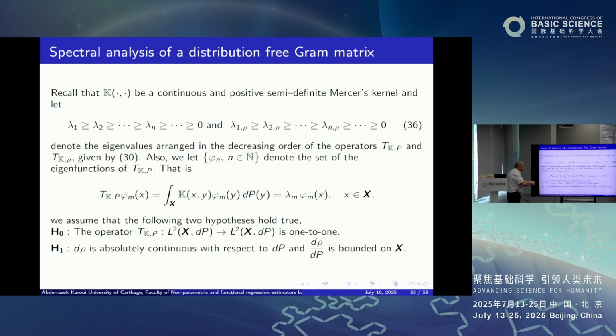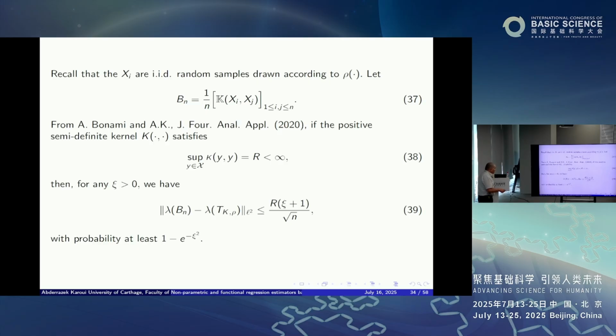And what's interesting is that if we assume that the first operator is one-to-one and the unknown probability measure is continuous with respect to the usual probability measure, and by a result with Bonami, we know that the spectrum of the Gram matrix is close to the spectrum of the integral operator, and we estimate the error. This result was published in 2020 in the Journal of Fourier Analysis and Applications.